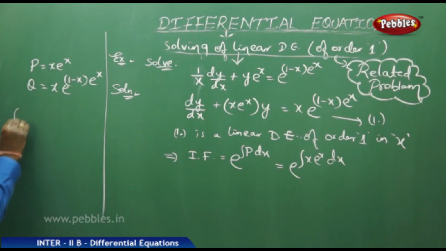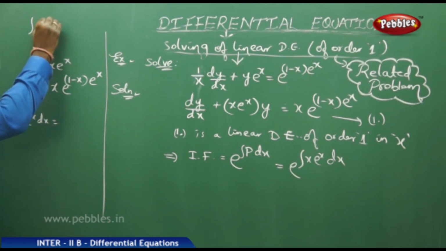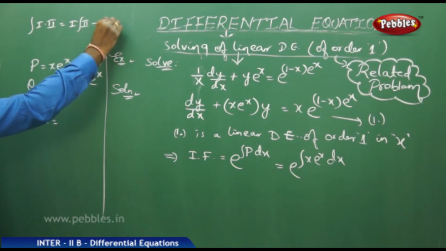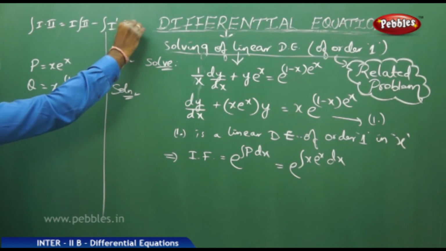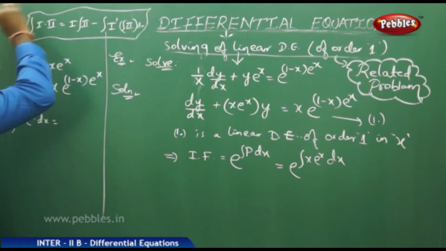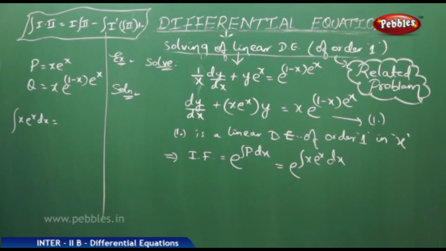Now integral x e power x dx, using by parts, is first times integral of second minus integral of derivative of first into integral of second dx. Therefore, this is the first function and the second function.